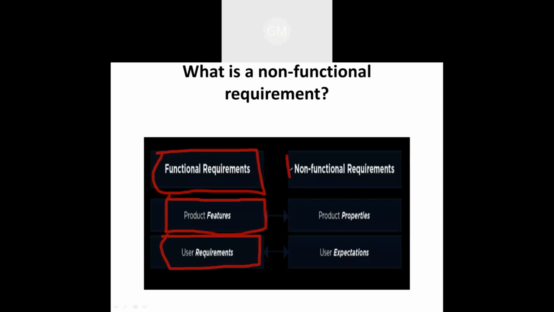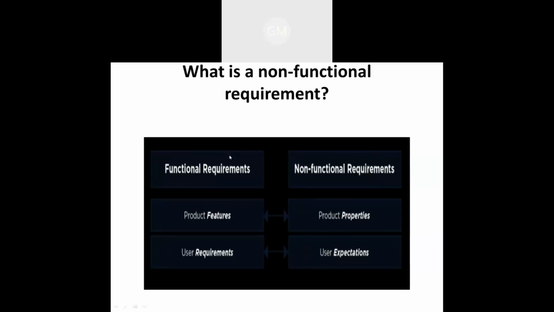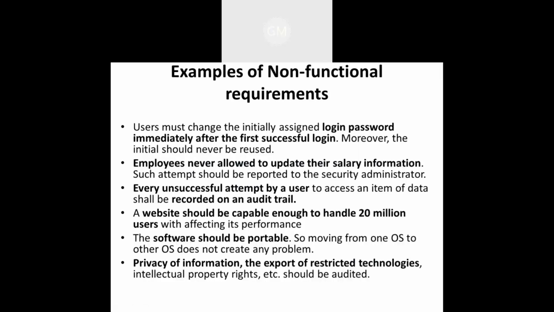But non-functional requirements are going to consider first product properties and user expectation. These two come under the non-functional requirement. So we will see first the examples of non-functional requirement, then I will explain the difference between the functional and non-functional requirement.